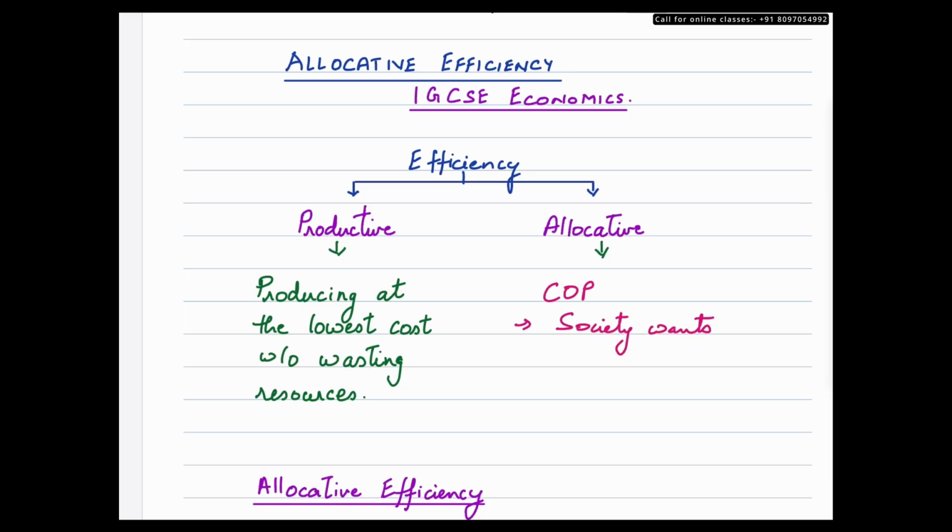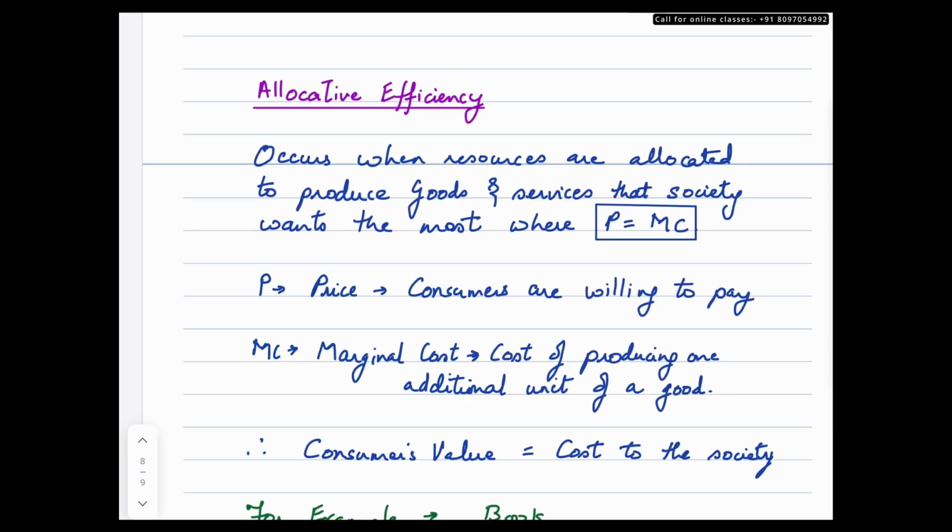Let's take a look at the definition of allocative efficiency. Allocative efficiency would occur when resources are allocated to produce goods and services that the society wants the most, where price is equal to MC. Now, P is price, MC is the marginal cost. What is price?